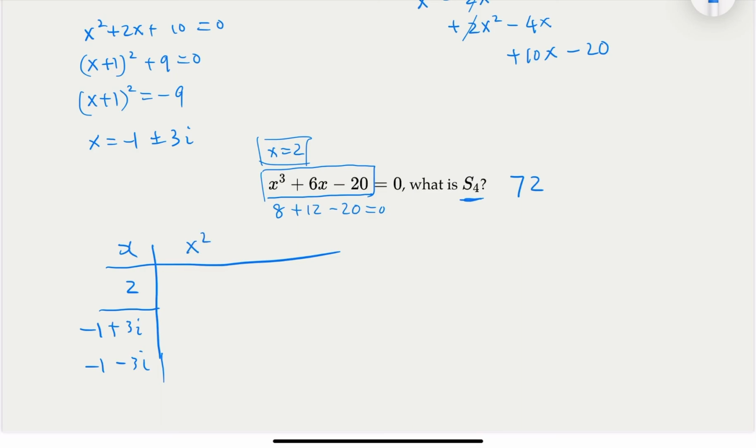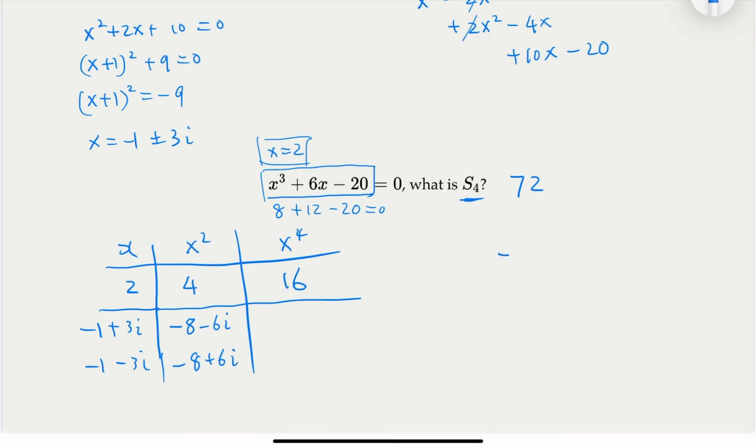X squared, what is the square? This will be 4, and then for x to the 4th, this will be 16, 2 to the 4th power. And here, when you square it, you get -1 squared, so that becomes -9 plus 1, -8 minus 6i. This will be -8 plus 6i.